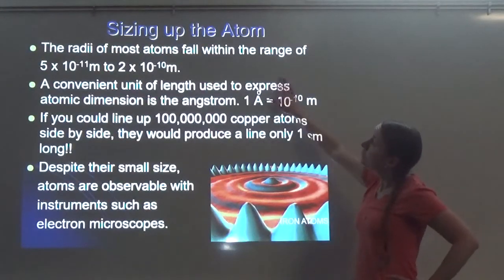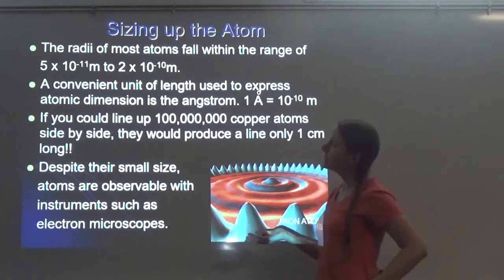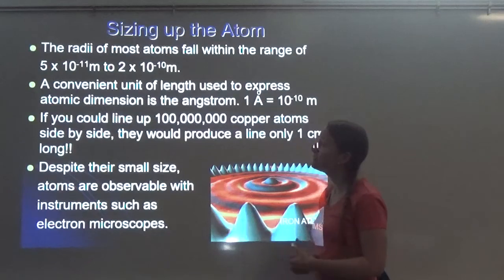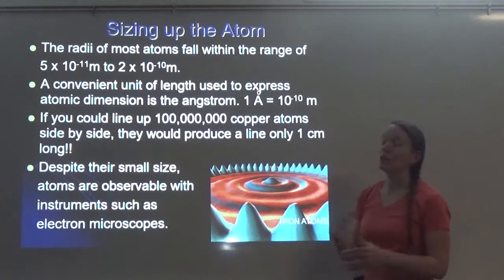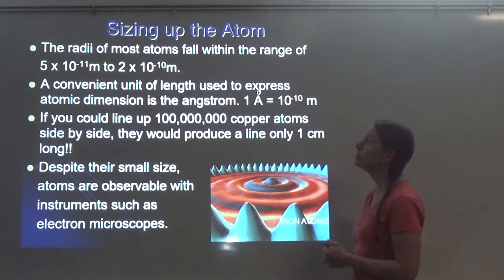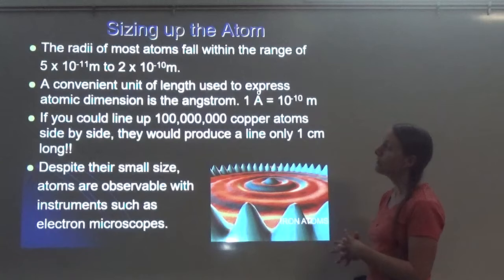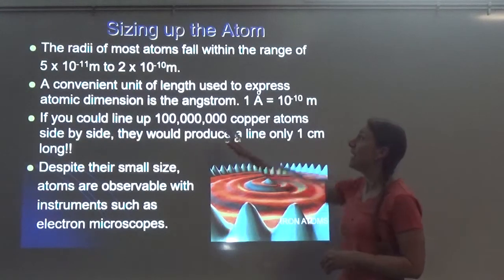The radii of most atoms fall within the range of 5 times 10 to the negative 11 meters to 2 times 10 to the negative 10 meters. We learned those SI prefixes and you had your SI prefix chart, but a lot of times you'll actually see the radius or diameter of an atom given in angstroms.